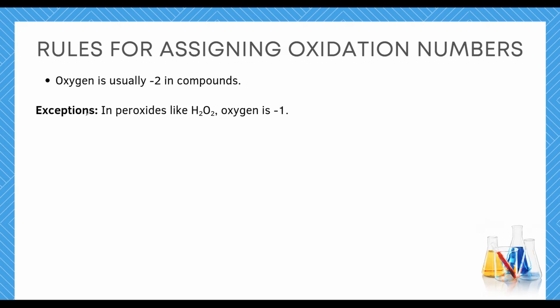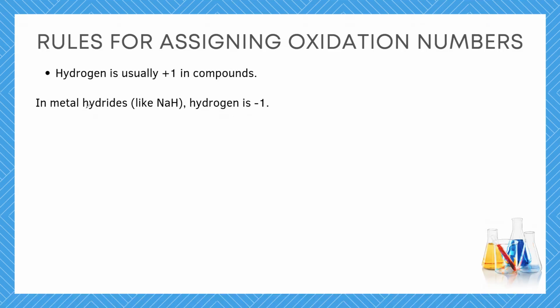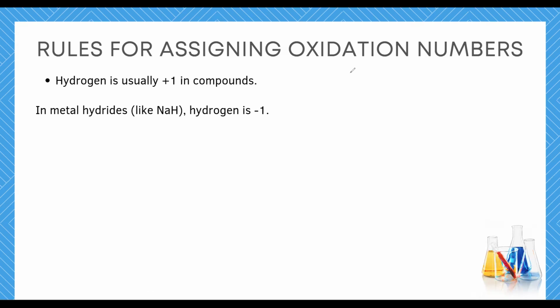Now, that being said, we have the next rule that says hydrogen is usually +1 in compounds. So for example, if we have a compound called H2O, all right, the oxidation number of hydrogen over here is +1, and the oxidation number of oxygen, as we saw in the previous slide, is -2 in compounds.